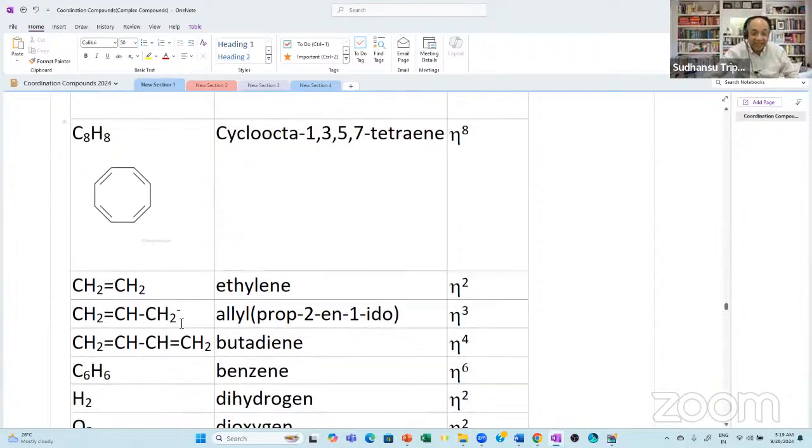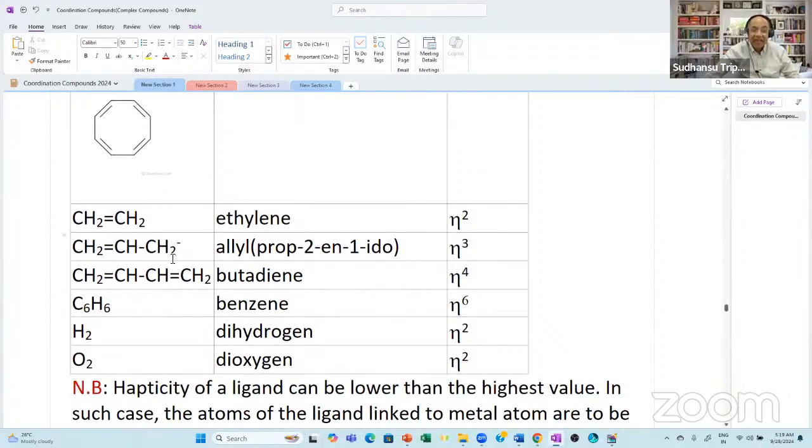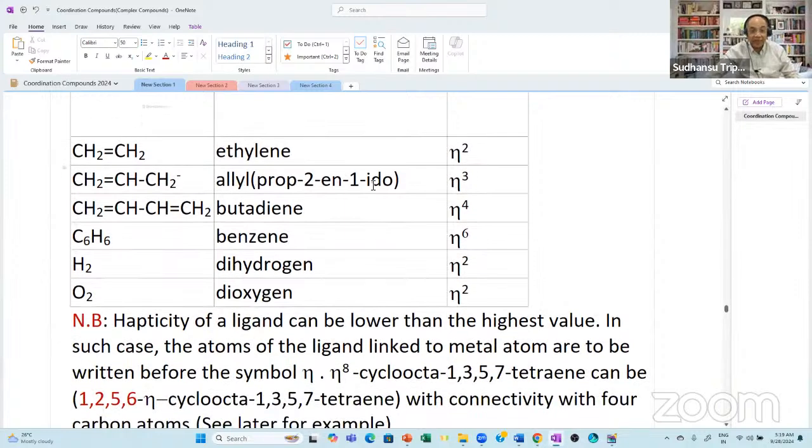So ethene is a dihaptic ligand. Allyl carbanion is trihaptic. You can also make it monohaptic, confining this lone pair to bond and the conjugated pi electrons not taking part in the bonding. In that case, the hapticity may be almost the same as denticity.